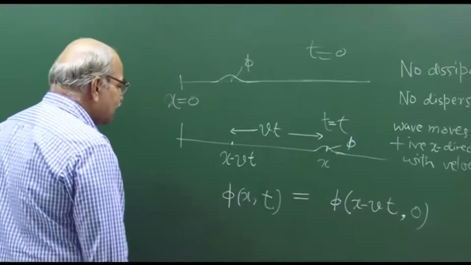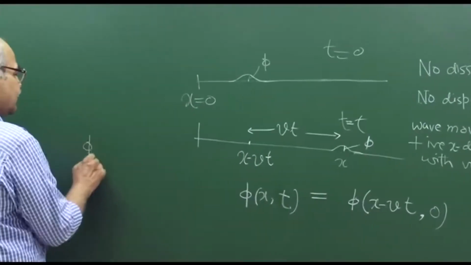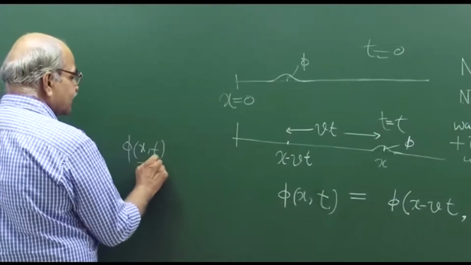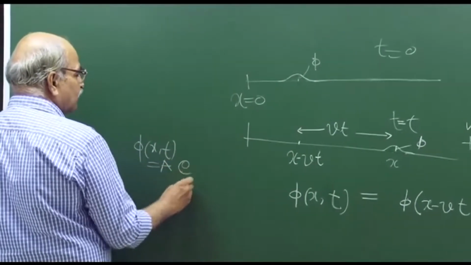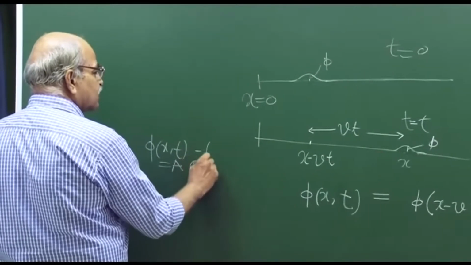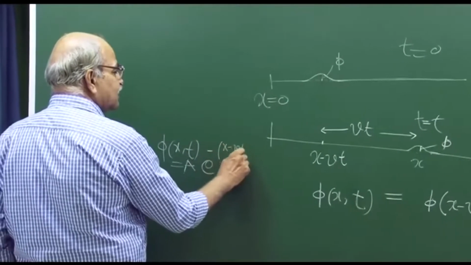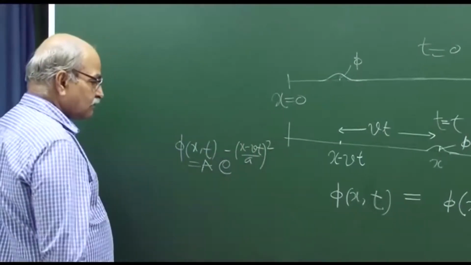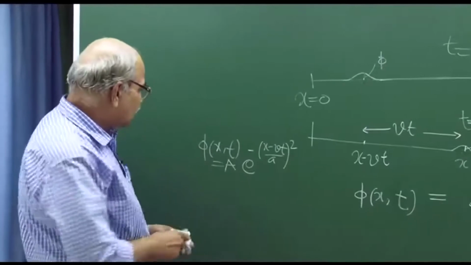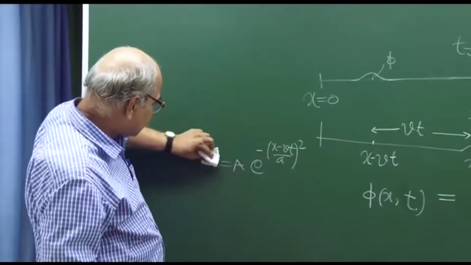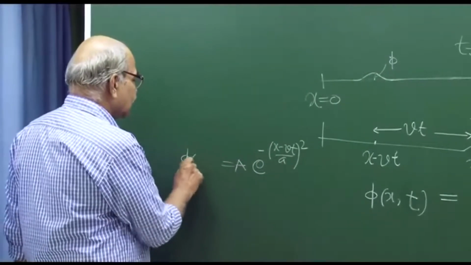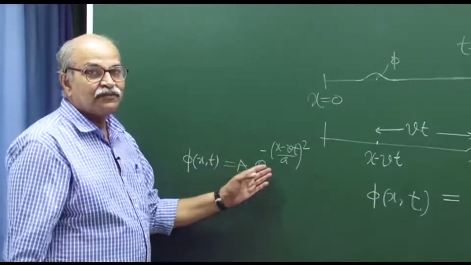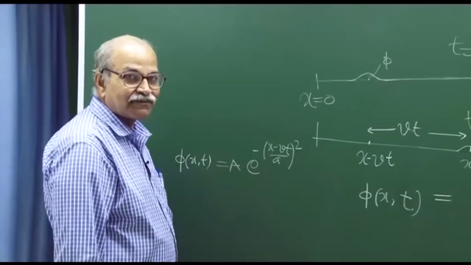For example, if I write phi x t is equal to some constant times e to the power minus x minus vt divided by a, whole square, that is okay. This is a good function. It is a valid wave. It is going in x direction with velocity v.